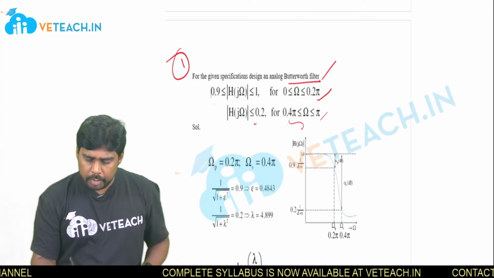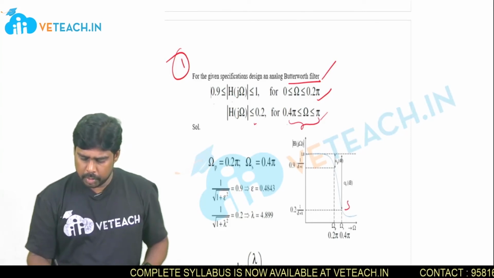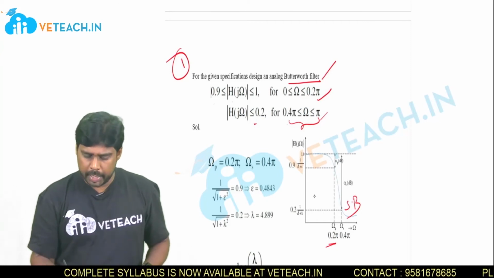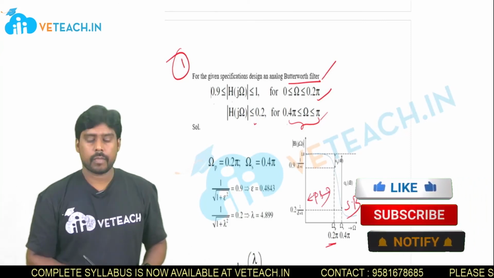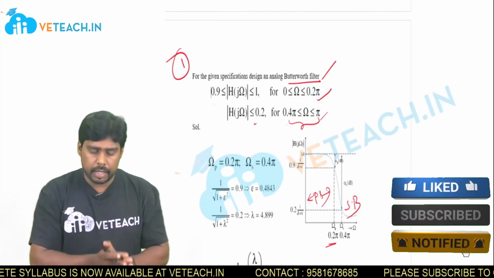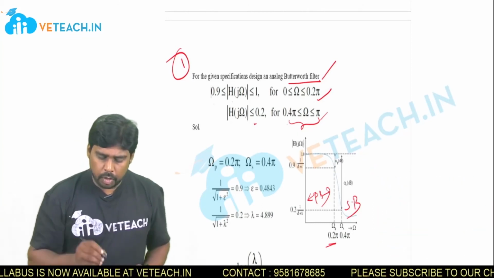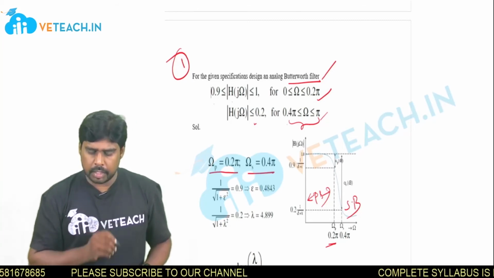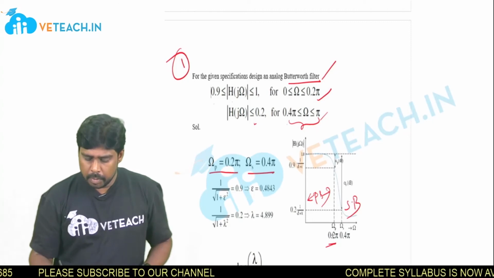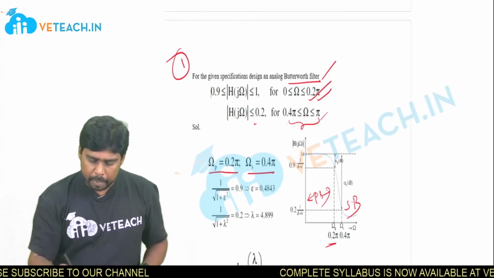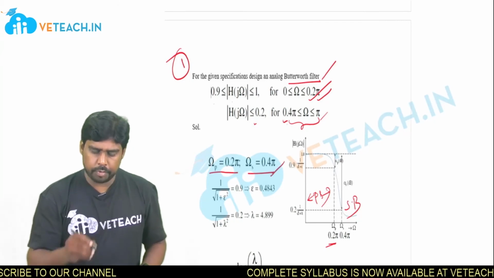So from 0.4 pi is the stop band, and up to 0.2 pi it is pass band. Okay, so try to write down the given data clearly first here. So here we got omega p as 0.2 pi, omega s is 0.4 pi, that is pass band frequency, it is 0.2 pi, stop band frequency starts from 0.4 pi.